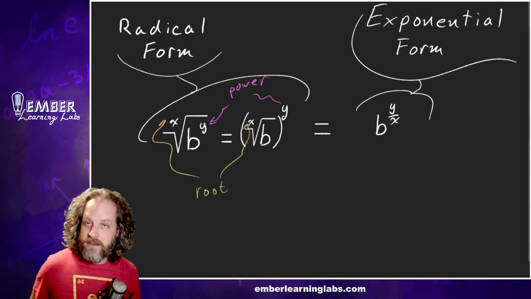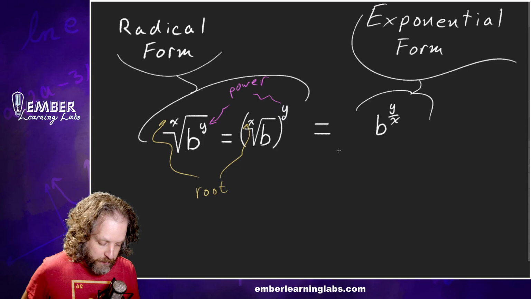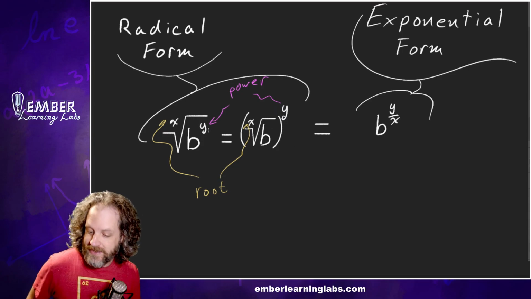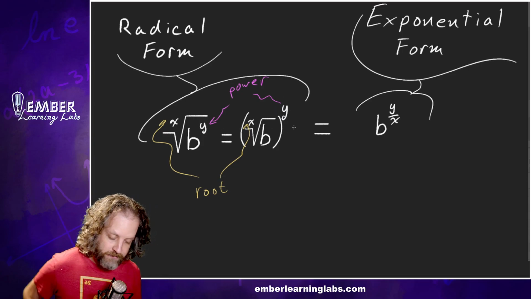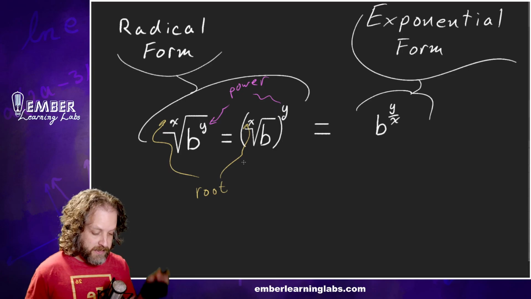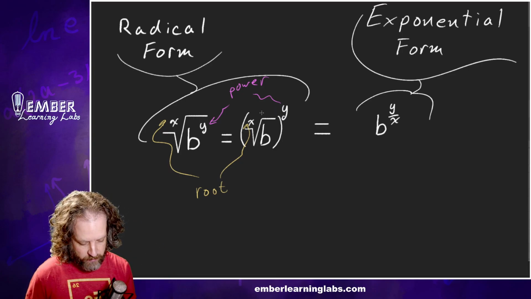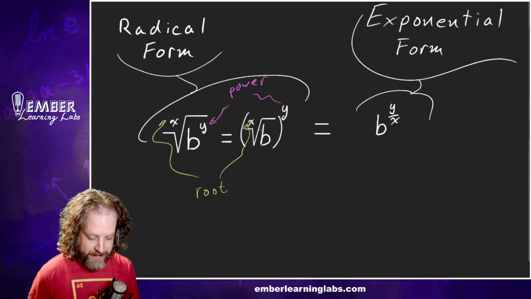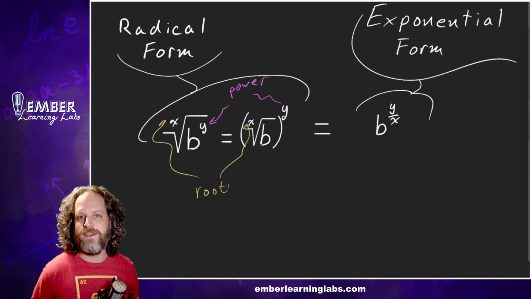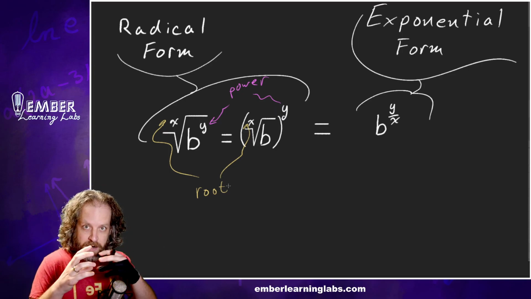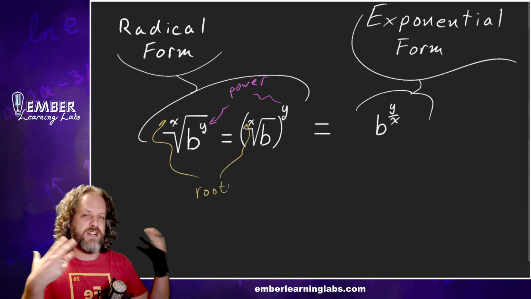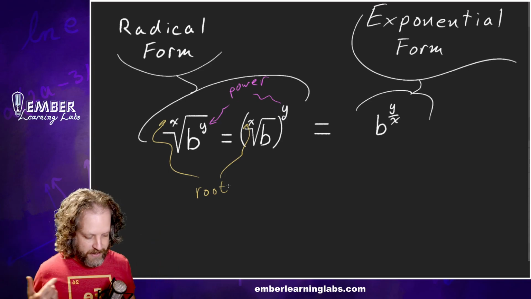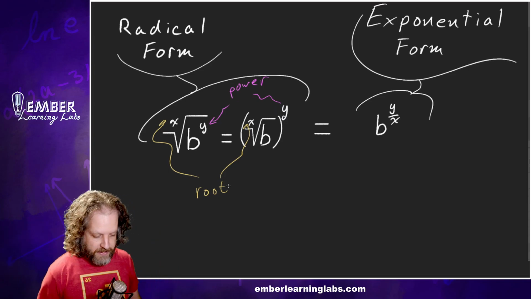This works to convert it to exponential form whether the power is on the inside of the radical or on the outside. Very often when we're doing simplification problems, we will want to convert it to exponential form, because if you take the root of a number first, you get something smaller, and then take the power. It's easier to do in your head and easier to work with. And that's often true.